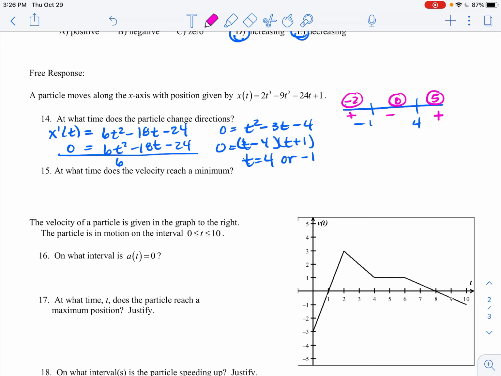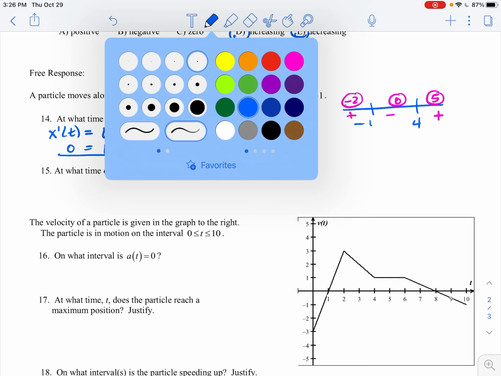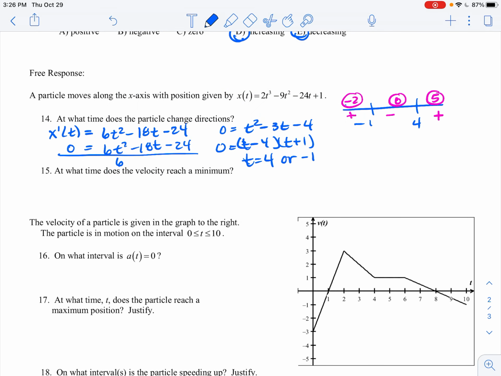So my answer to this one is that it changes directions at a time of, well, I guess we can't have negative time, so I don't even want to try that one. Sorry, I was just testing.